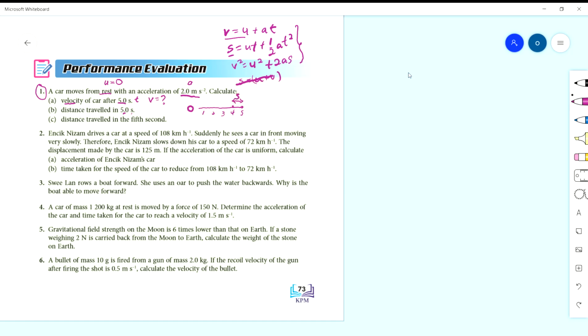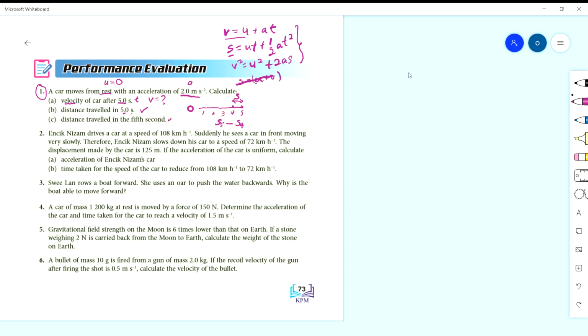So what you are supposed to do is calculate S at 5 seconds minus the distance at 4 seconds. S5 we already calculated here, then minus S4, so you substitute 4 seconds over here. So S5 minus S4, you get the distance in that second only. That is for question C.